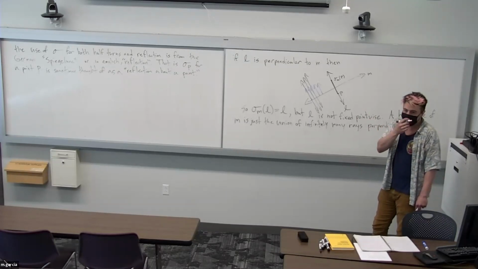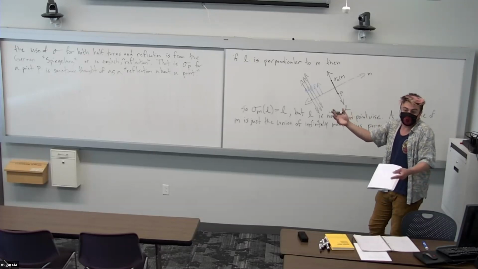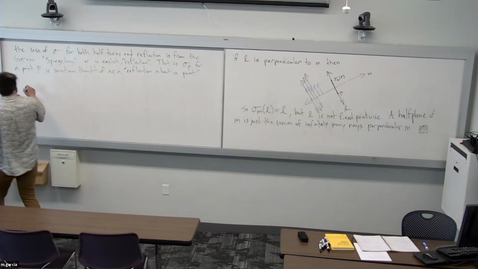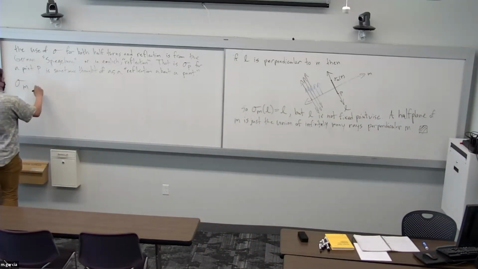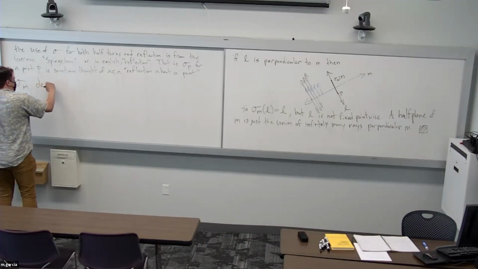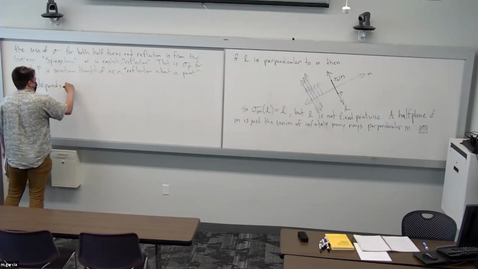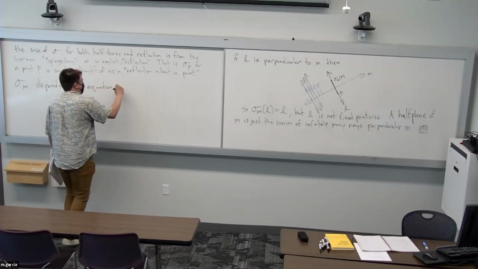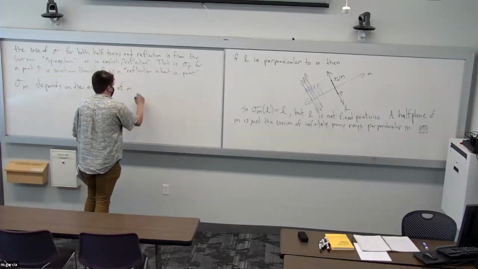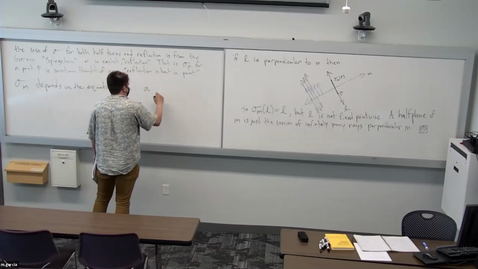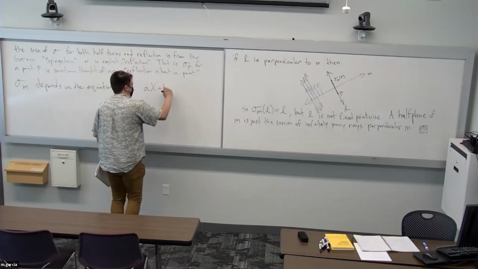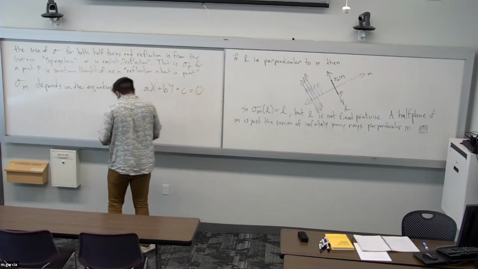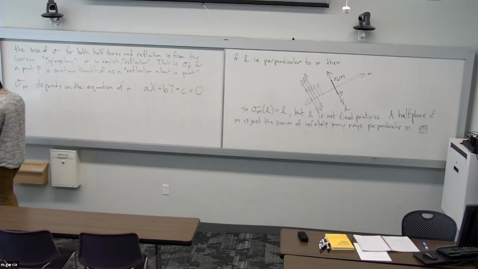M, yeah, which we can write some equation, right? So sigma m depends on the equation of m, which, if we're working in generality, we know is just ax plus by plus c equal to 0.